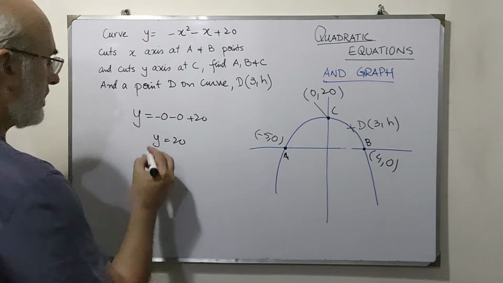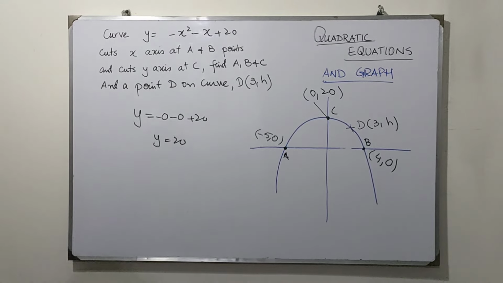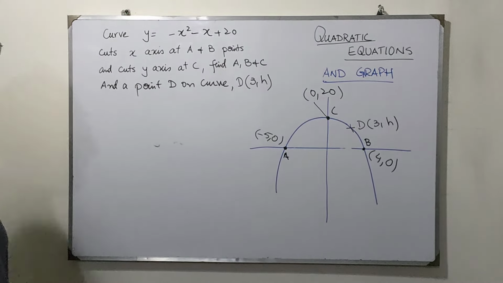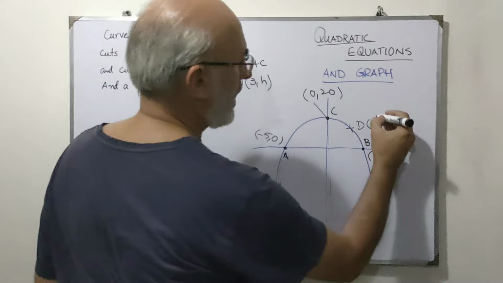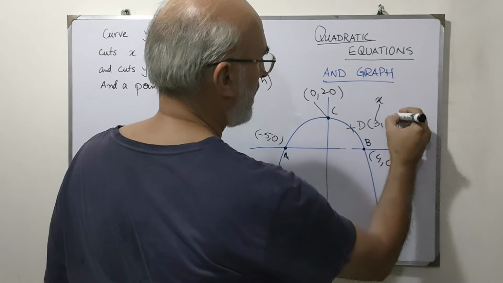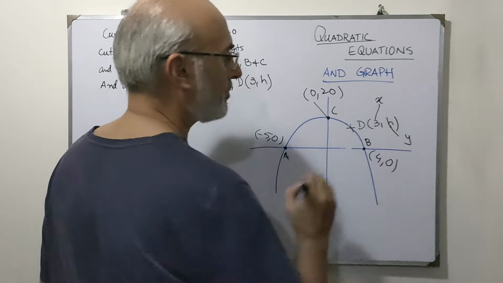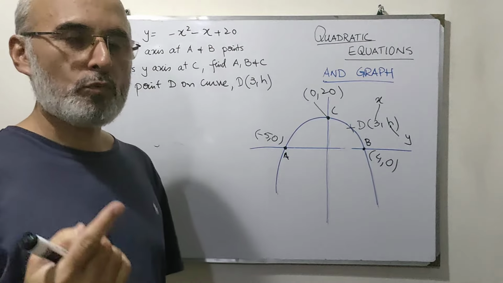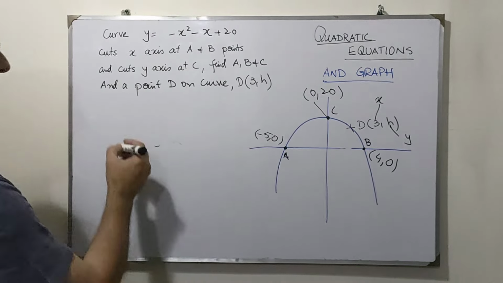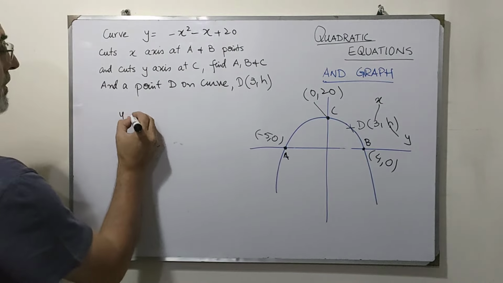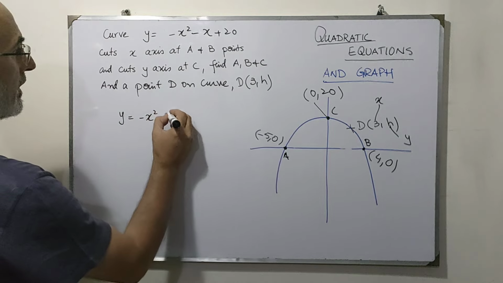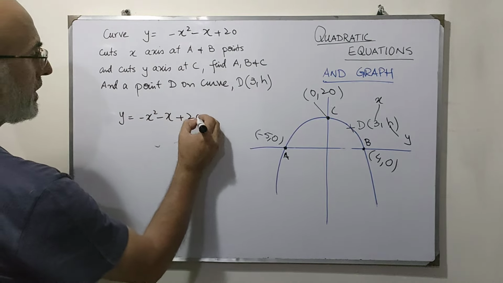Now what this point is saying is that this is the value for the x and this is the value for the y. Okay, and we have to find what is actually h. So what are we going to do? y is equal to minus x square minus x plus 20.